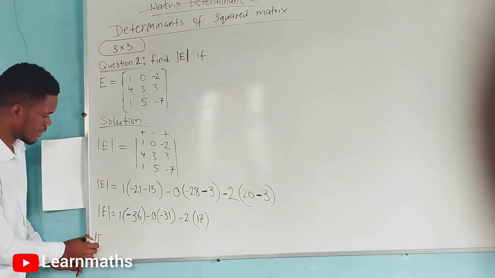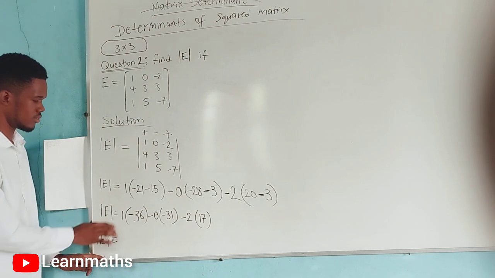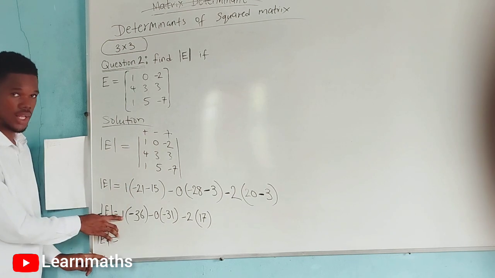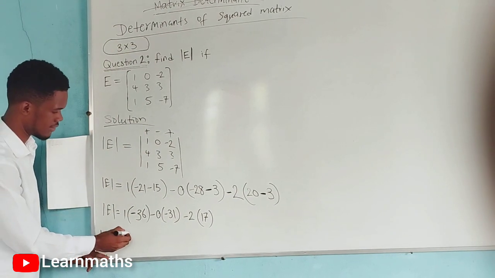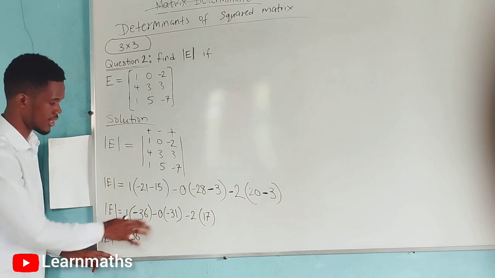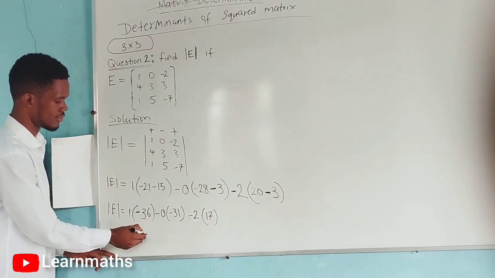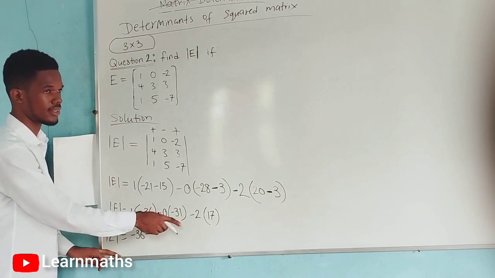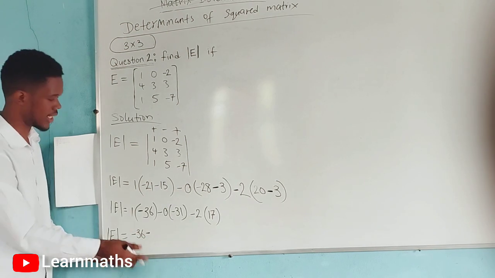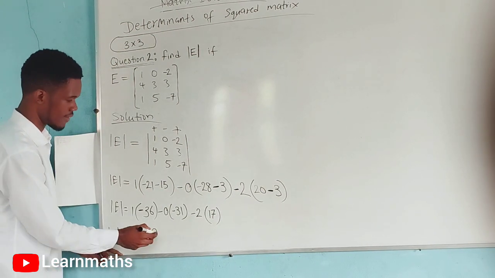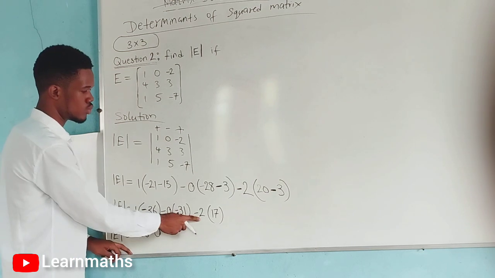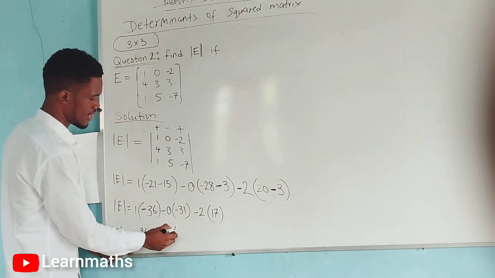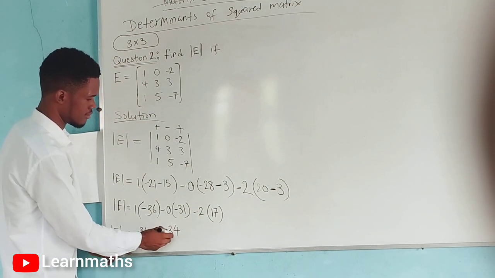So finally the determinant of E is going to be equal to 1 times negative 36, which is negative 36. Then minus 0 times negative 31, that's 0. Then finally minus 2 times 17, that's 34.